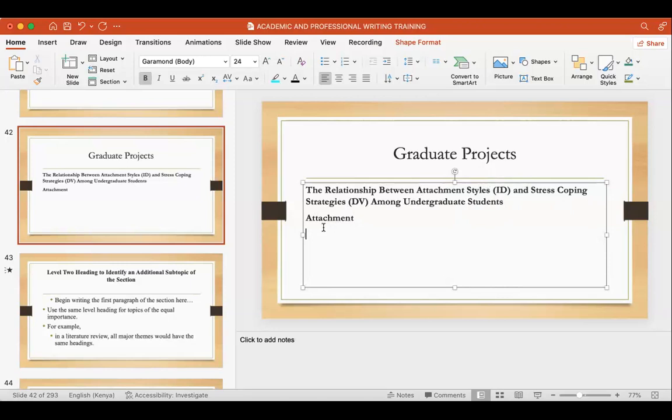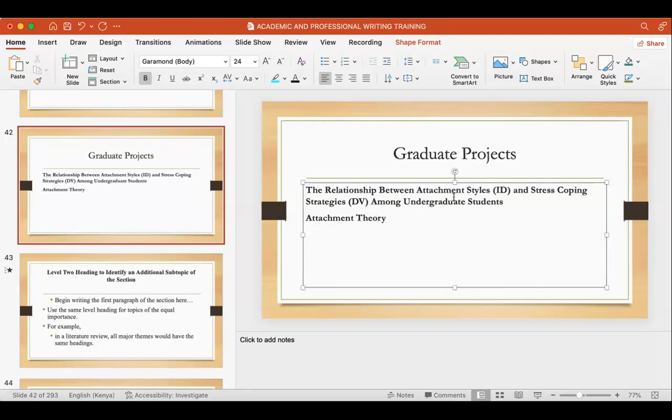So you need to define what attachment is. You define what attachment is, who formulated it, when, and why. Just give us, depending on what is required of you at USIU, attachment. So you will begin by talking about attachment theory.